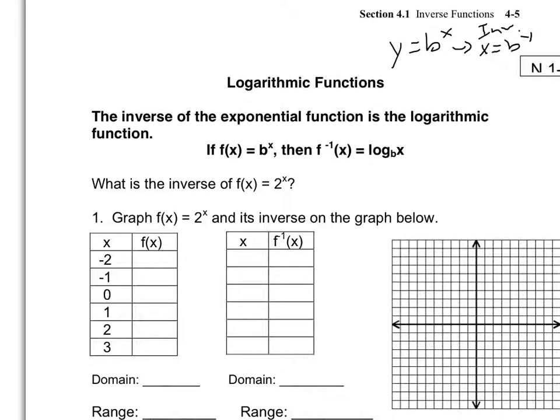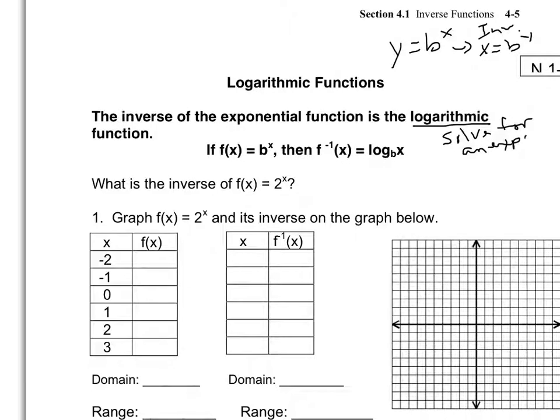unless I understand that exponential functions and logarithmic functions are inverses of each other. All that a logarithm is, is a way to solve for an exponent.